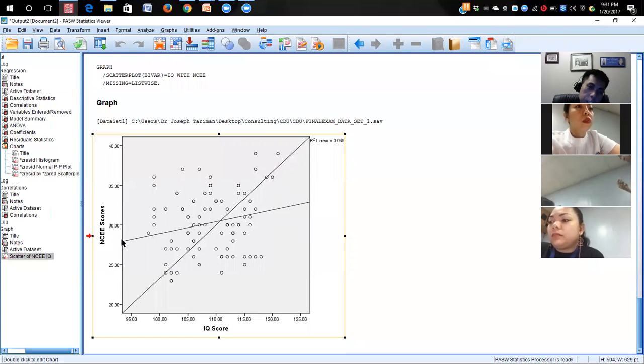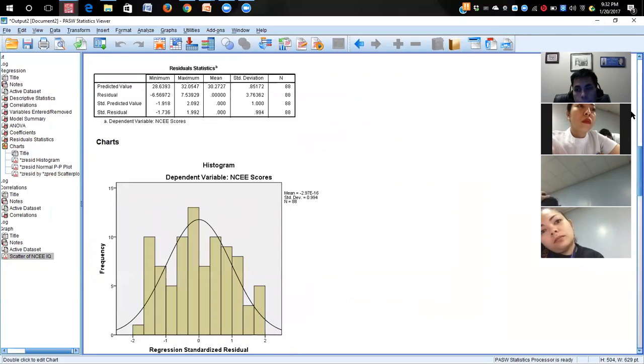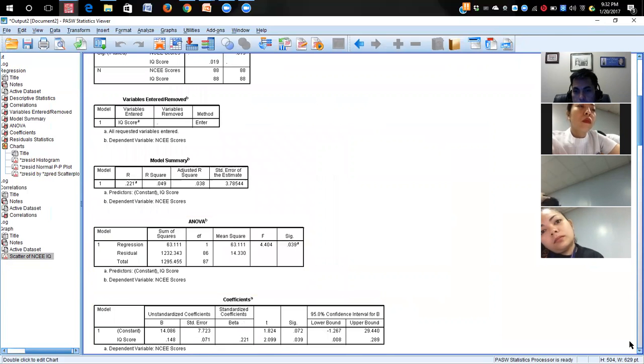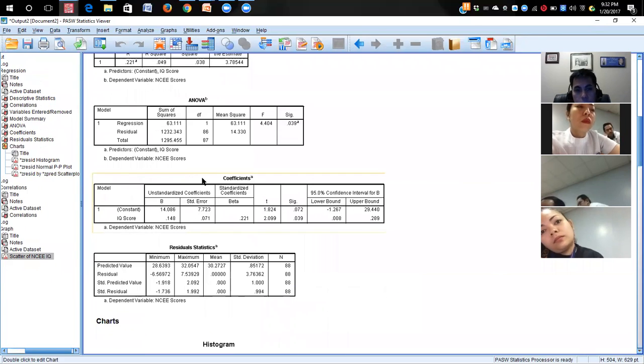It is roughly where the y-axis and the x-axis meet, and it's not very steep. So that tells you that when you look at this value of the IQ score, you can see it's not very steep.